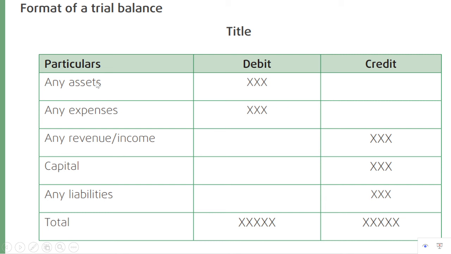If it is an asset, all the debit balances of the asset account will be transferred here to the debit side, expenses on the debit side, revenues on the credit side, capital on the credit side, and any liability account on the credit side. Also, at the end, you have to compute the totals and draw two parallel lines to show that the debit and the credit are equal.